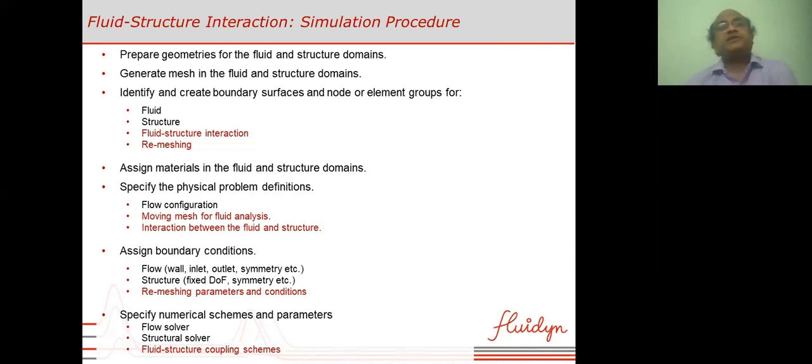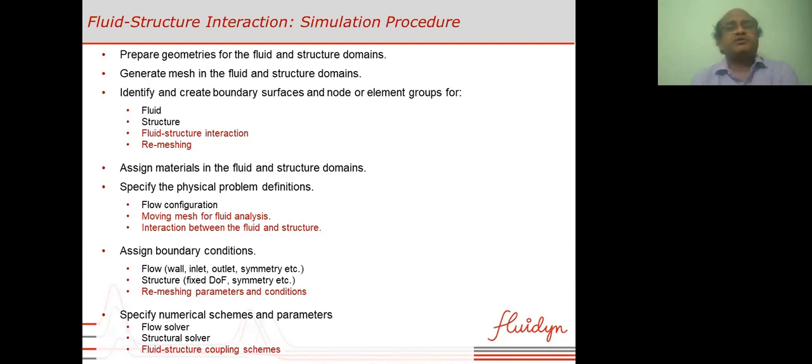So in the present case, we need the geometries for both fluid and the structural domains. When we mesh, then these regions are meshed or discretized. So in this case, obviously, the fluid region has to be meshed and the structural region has to be meshed. But as I have shown you, you can have a non-matching mesh, so you can mesh them separately. There is a lot of freedom available nowadays. Then you can bring them together. And most of these identification of overlapping region is automatic.